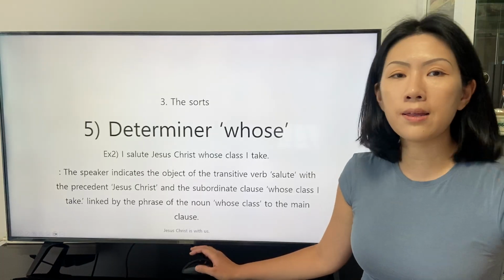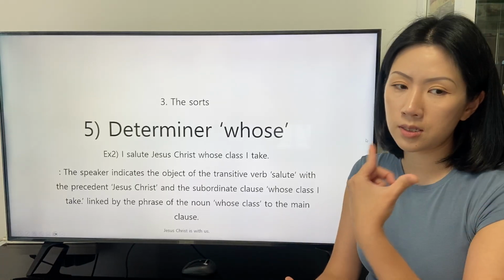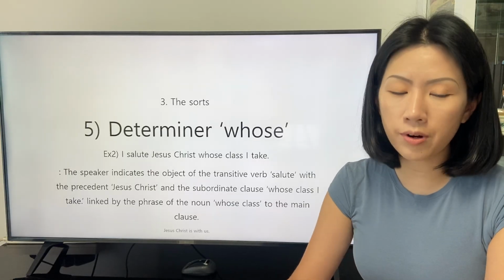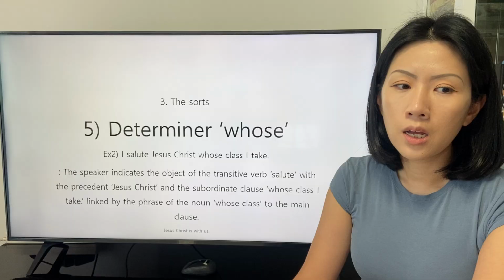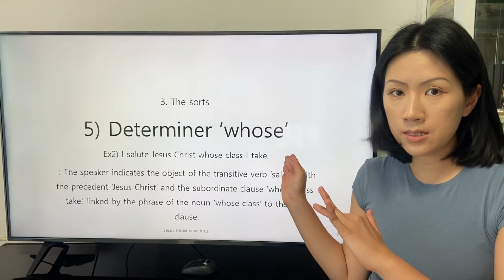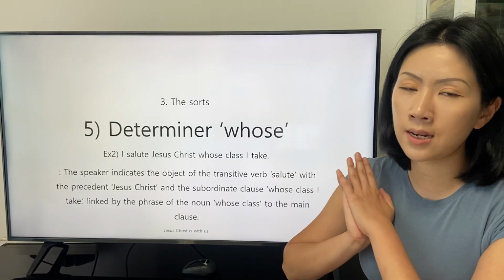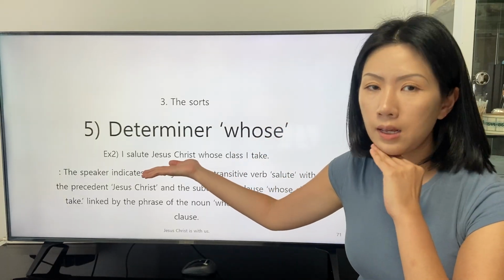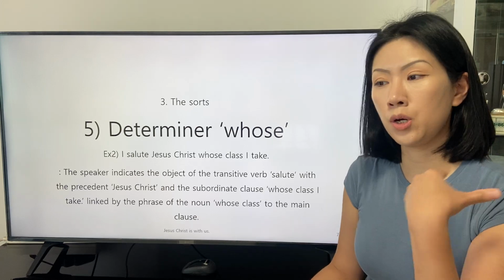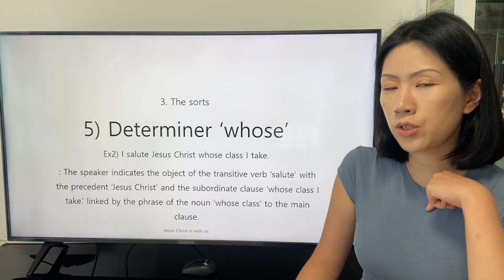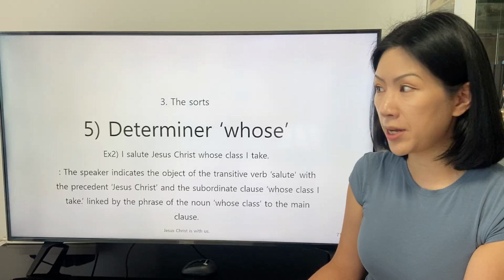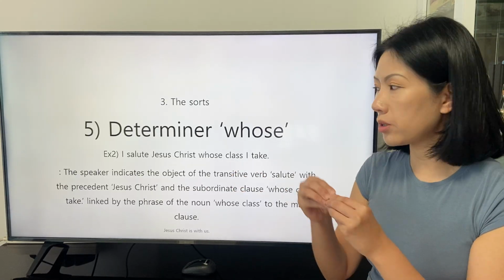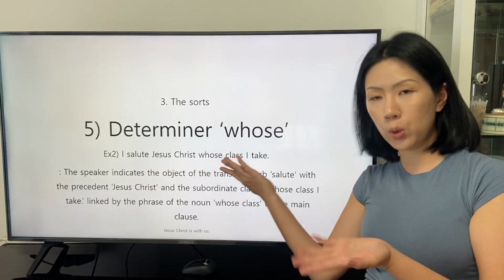The second example in which the determiner whose is applied is this: I salute Jesus Christ, whose class I take. In this sentence, we find that the precedent stated right ahead of the determiner whose is Jesus Christ. The speaker intends to give us detailed information about what belongs to the subject, Jesus Christ, in the subordinate clause.